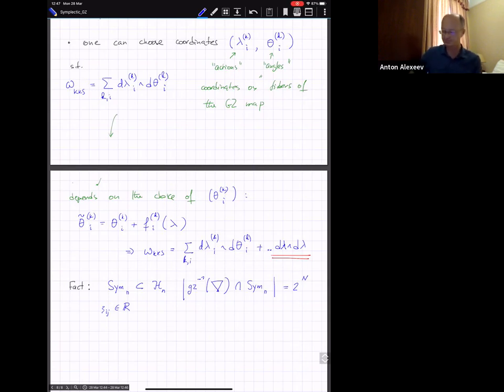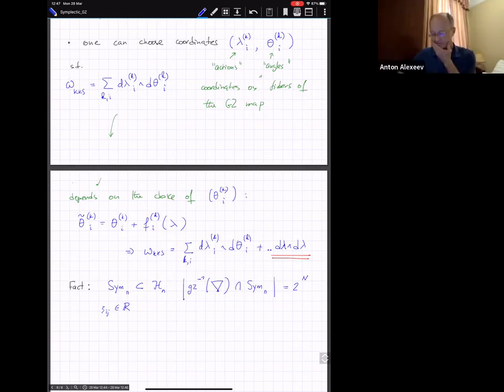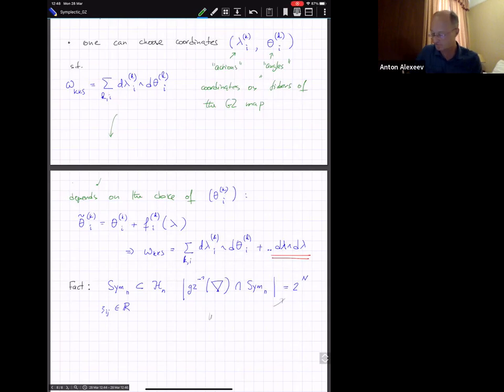Okay, right. So I'm just saying how to choose angle variables for the Gelfand-Zetlin system. It turns out that those theta tori all intersect this space of symmetric matrices in some finite number of points. And there is a way to choose one of them, which I perhaps am not going to explain.